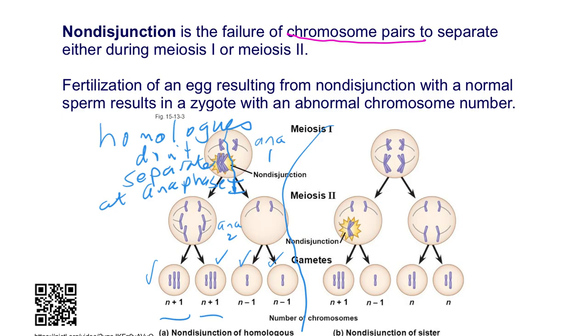Now, you could have a sticking together during anaphase 2. Let's say the pairs separate, okay, but what happens is that now the X did not separate like it should have into those two pieces. The 2 chromatid chromosome did not split into 2 chromosomes.